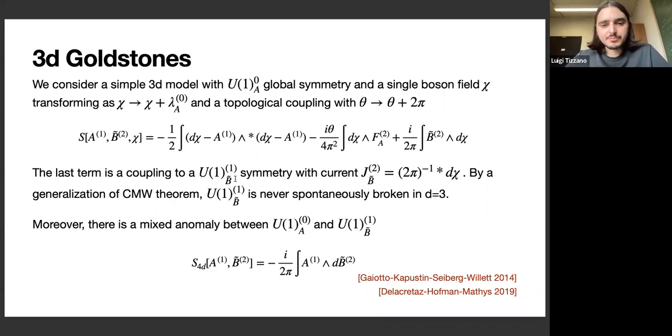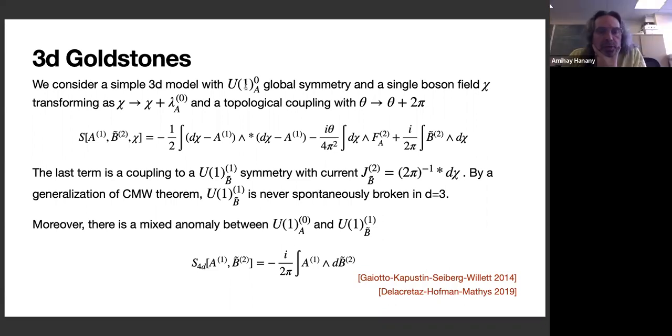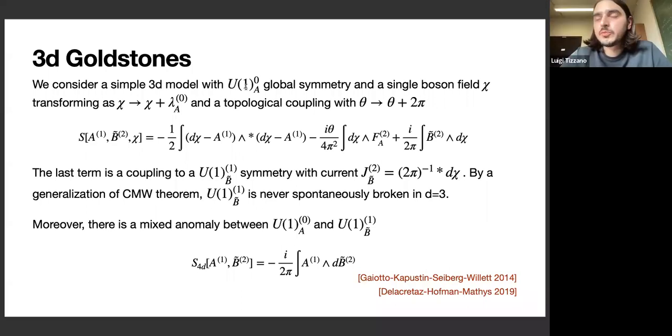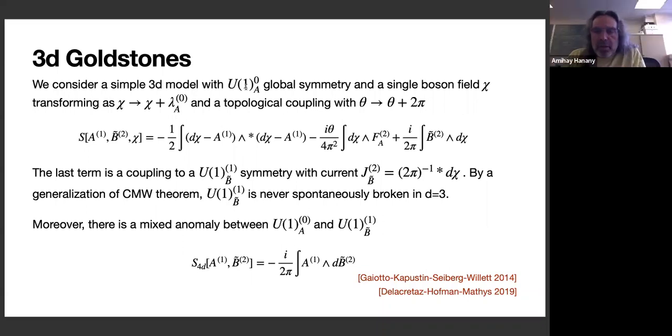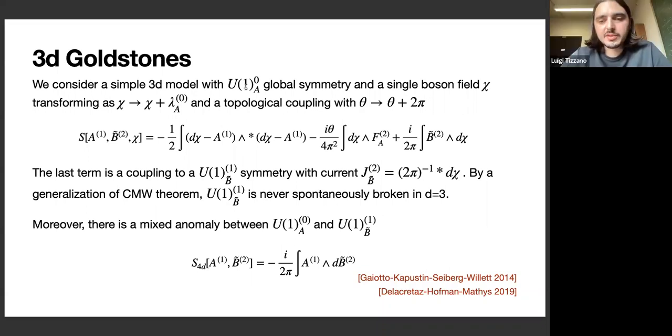In particular, these two symmetries, the U1 one-form symmetry B tilde and the U1A, yes? You mean in 3 dimensions? Yeah, you said that there is a one-form symmetry in 3 dimensions. Yeah, a one-form in 3 dimensions, and then you continue.